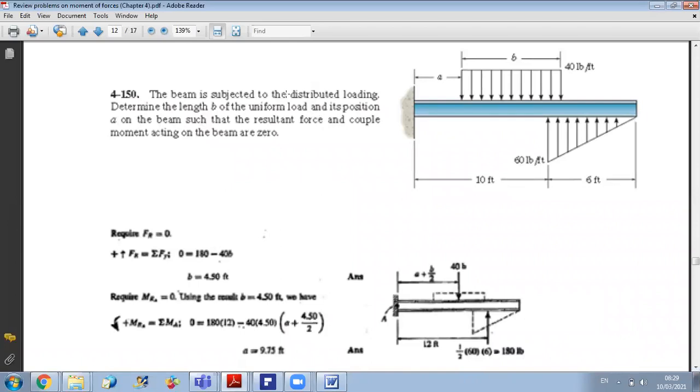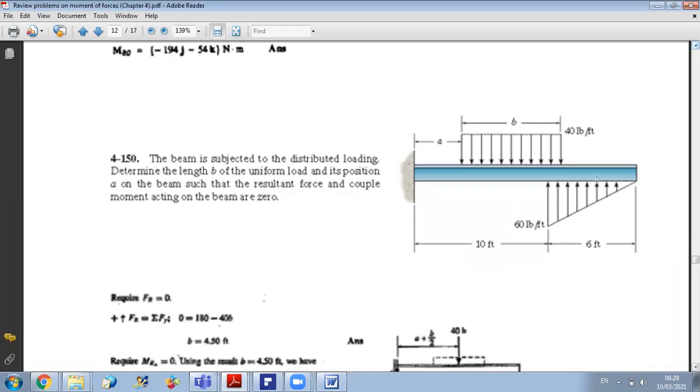Determine the length B of the uniform load and its position on the beam such that the resultant force and couple moment acting on the beam are zero. Okay, so here we have a distributed load acting on the beam, and we want to replace it by just a resultant force. First we have a rectangular load and a triangular load.